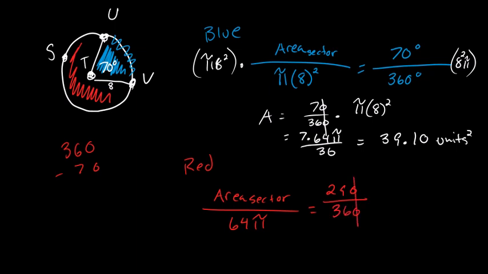And we can go ahead and let these zeros cancel out as well. So A equals 29 times 64 pi over 36, which should come out to 161.97 units squared.